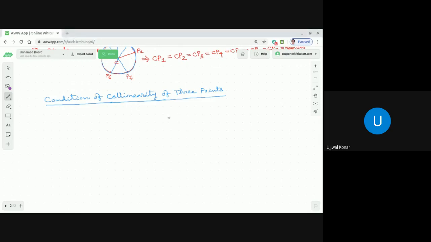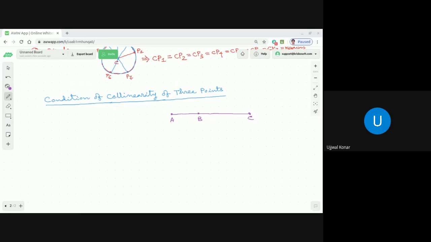Suppose this is a straight line. Let me draw the straight line properly. Suppose this is a straight line, and on that straight line we have 3 points. The first point is A, the second point is B, and the third point is C. So under what condition can we say these 3 points A, B, C are on the same line?